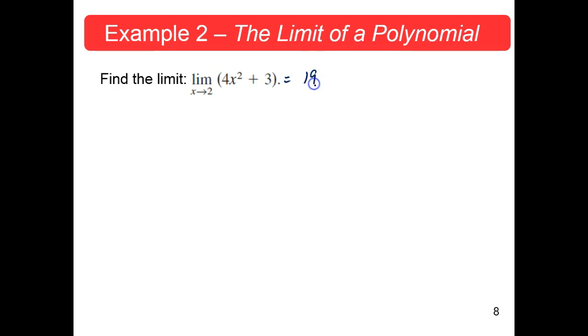19. Okay. Now here's what I think they wanted you to do. They wanted you to say that's the limit as x approaches 2 of 4x squared plus the limit as x approaches 2 of 3. And this would be 4 times the limit as x approaches 2 of x squared plus, what is the limit as x approaches 2 of 3?